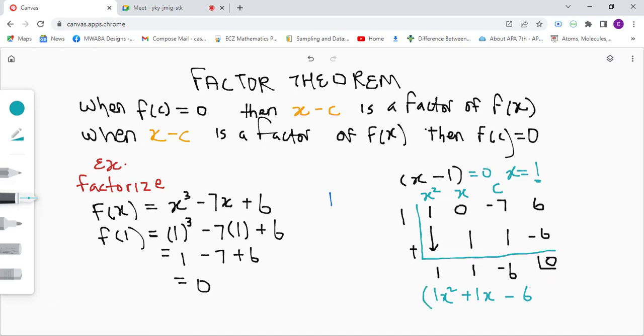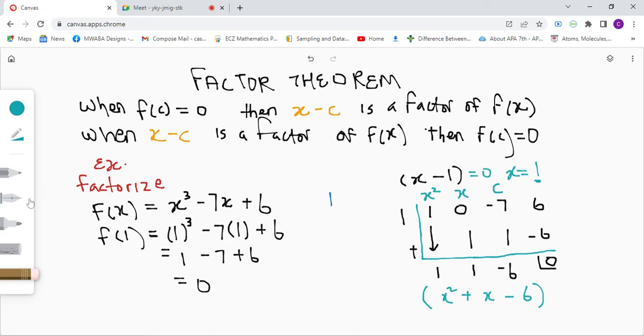So this is our other factor. It's x squared plus x minus 6.